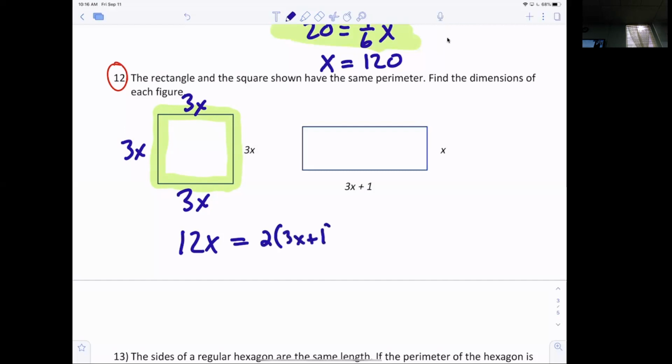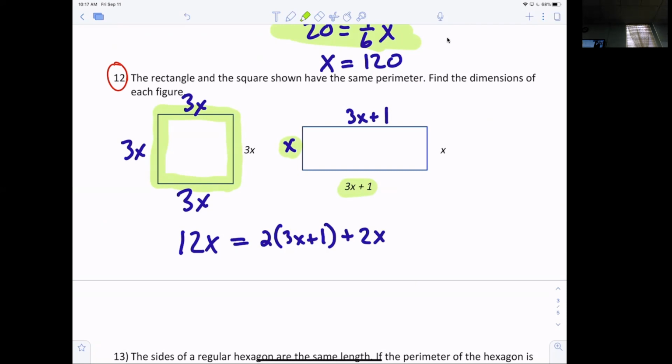Y plus 1 and then plus 2x. There you go. Just like that. Because over on this side is 3x plus 1, and over here it's x. So she's saying you can multiply this by 2 and multiply this by 2. That is perfect. What about this 6x? That would be wrong. It would be 8x plus 2, right? That's the way you're going to do it. Yeah, that's what I did.